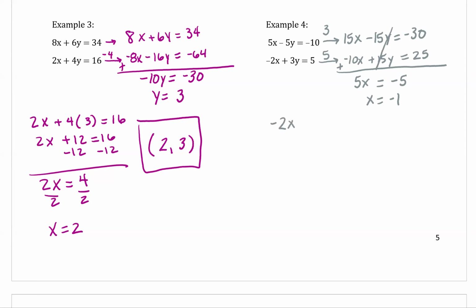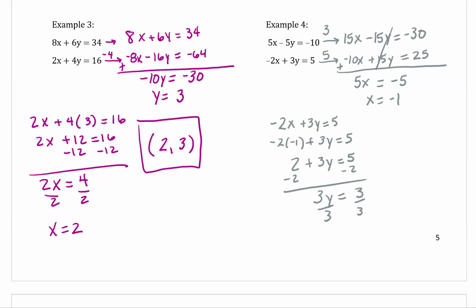I'm going to select the -2x plus 3y equals 5. Y is equal to 1, so our point of intersection is at -1, 1.